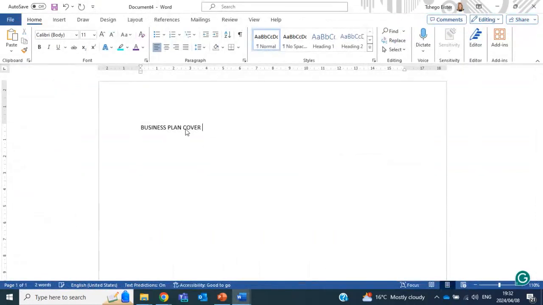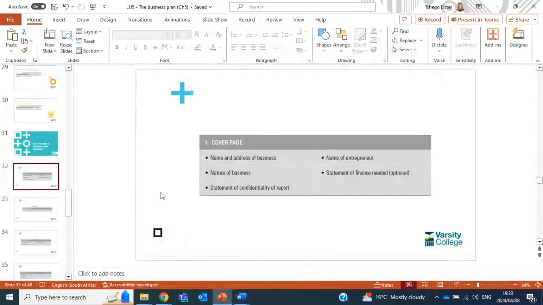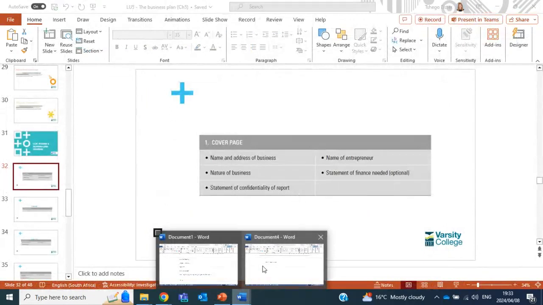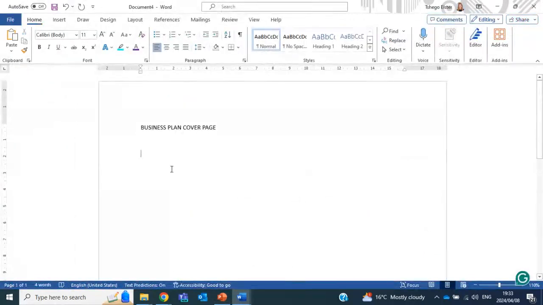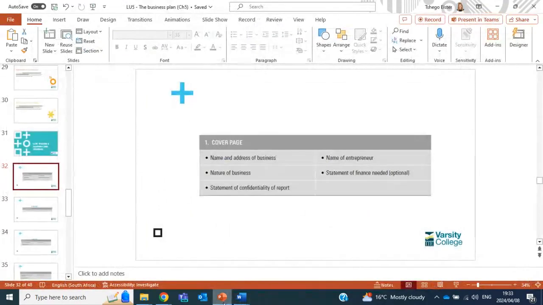So your first page would be the business plan cover page. Obviously, it wouldn't say cover page because it would have the details that we have here. So you would have the name and address of the business, and then the nature of the business.